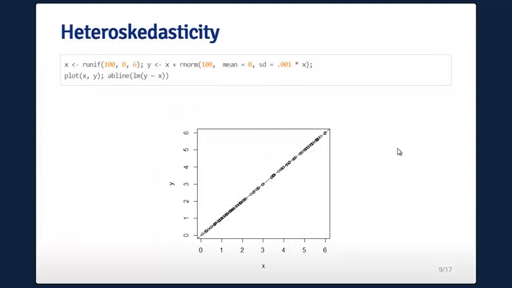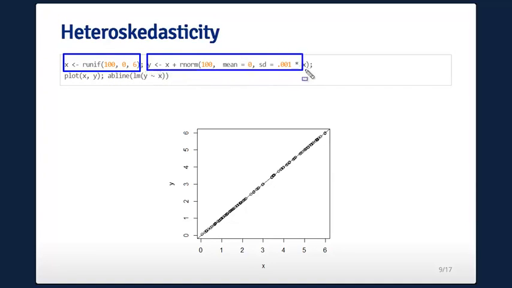I tried to create an example where you couldn't see anything from the scatter plot, but it was obvious and apparent in the residual plot. And so what I was going to talk about here is heteroscedasticity, and this is a case where our model is not right because the variance isn't constant as a function of x. So here I generated my x's as random uniforms, my y's were x's, so my linear regression relationship holds with an identity slope and zero intercept.